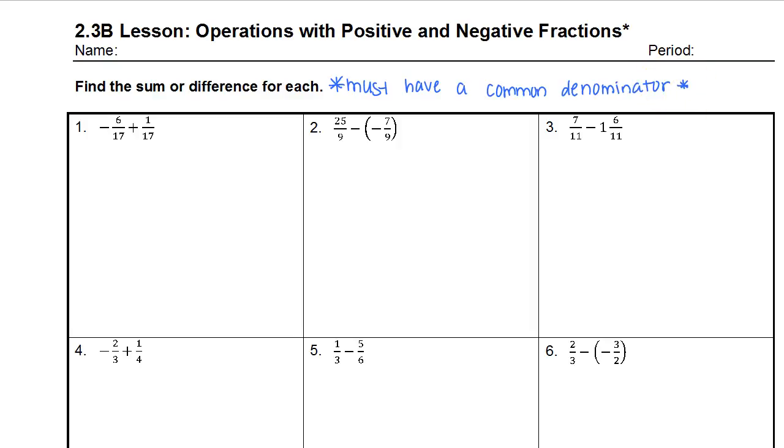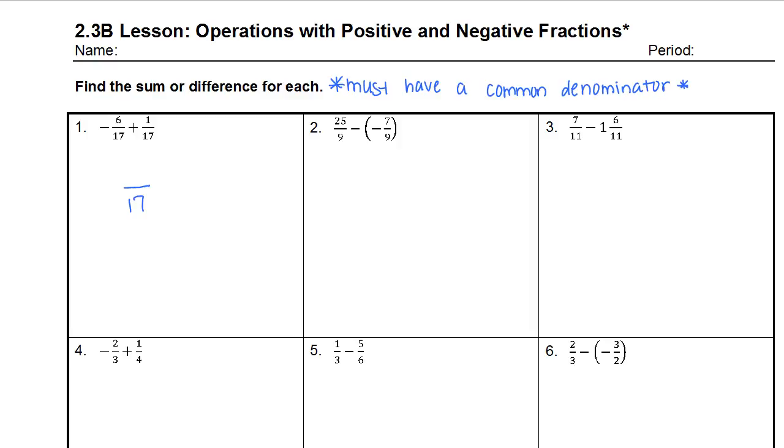So if we look at number 1, we'll notice that the denominators are already the same, so we don't have to find a common denominator. In my answer, I will have a denominator of 17, and in order to find my numerator, I have to do the problem -6 plus +1.